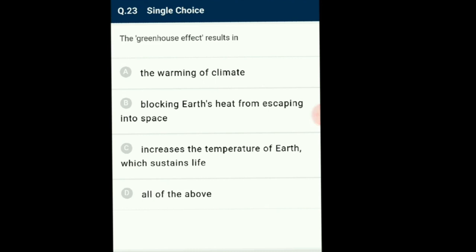However, part of this emitted heat does not leave the earth's atmosphere and is trapped by gases such as carbon dioxide, methane, etc. This increases the temperature of the earth. Without these gases, the temperature of the earth would be minus 18 degrees Celsius. So the answer for this question is all of the above.